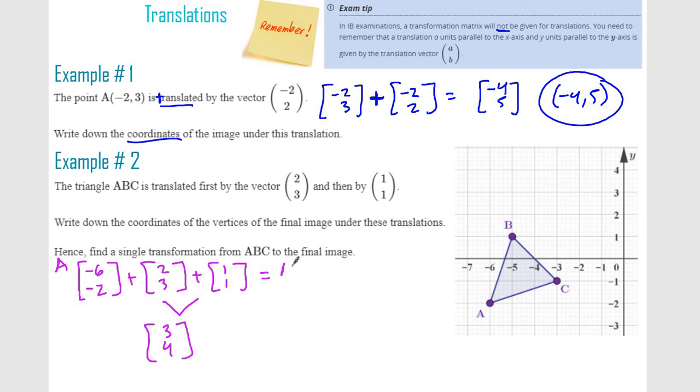So A prime would be -3, 2. Instead of adding one translation and then another, we could combine those translations and simply add one matrix. With adding, you're allowed to mix things around.